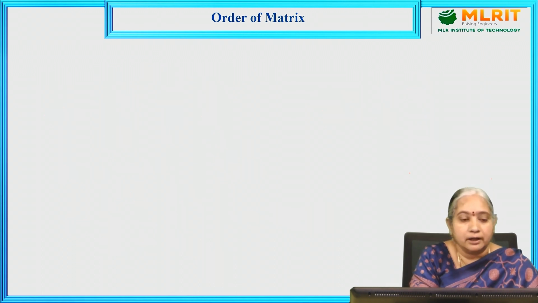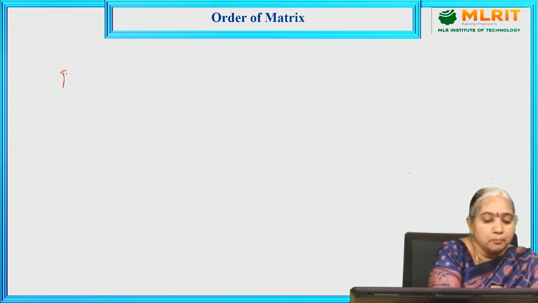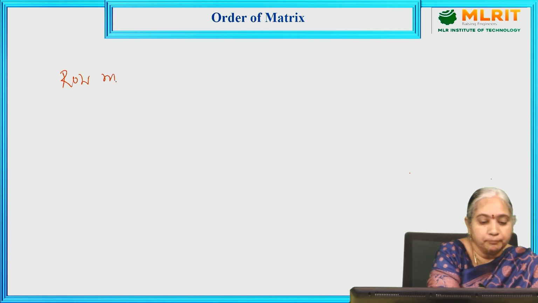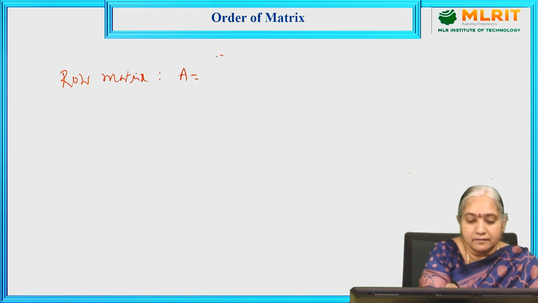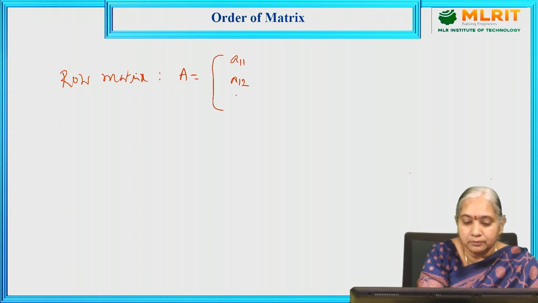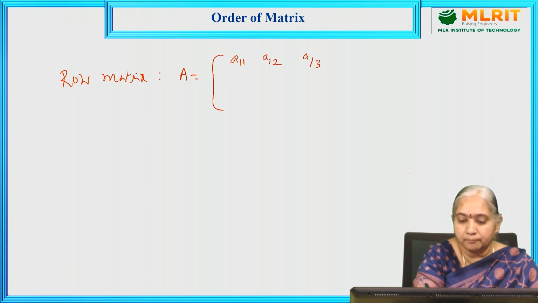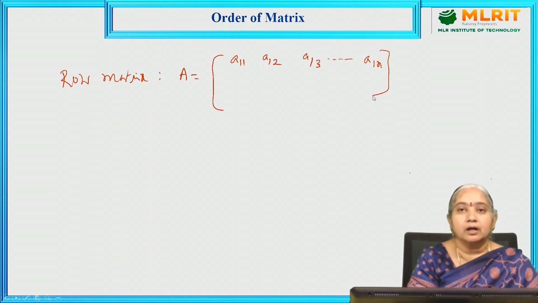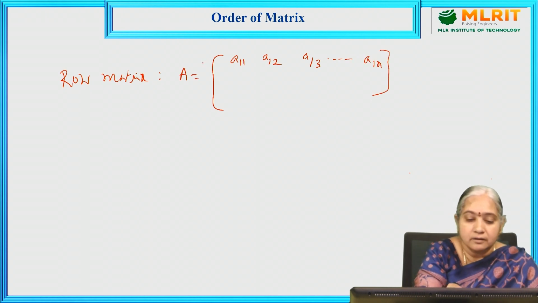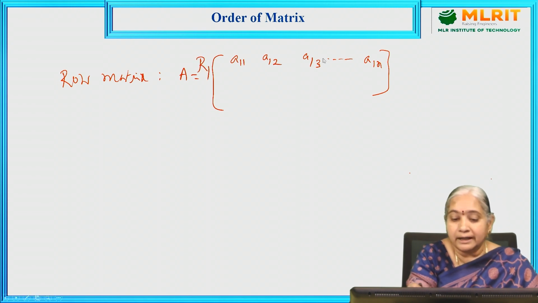Next, we define the row matrix. In this row matrix, we take one example A equal to a11, a12, a13, and so on up to a1n. This matrix contains only one row and n columns.